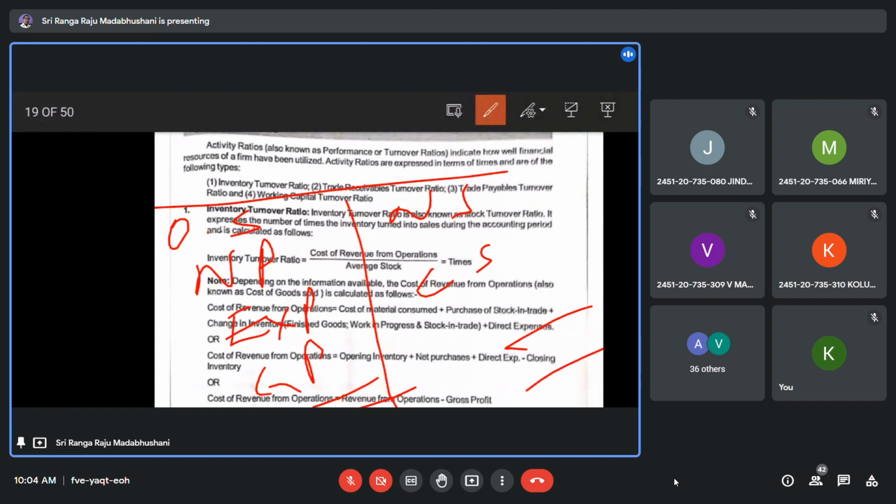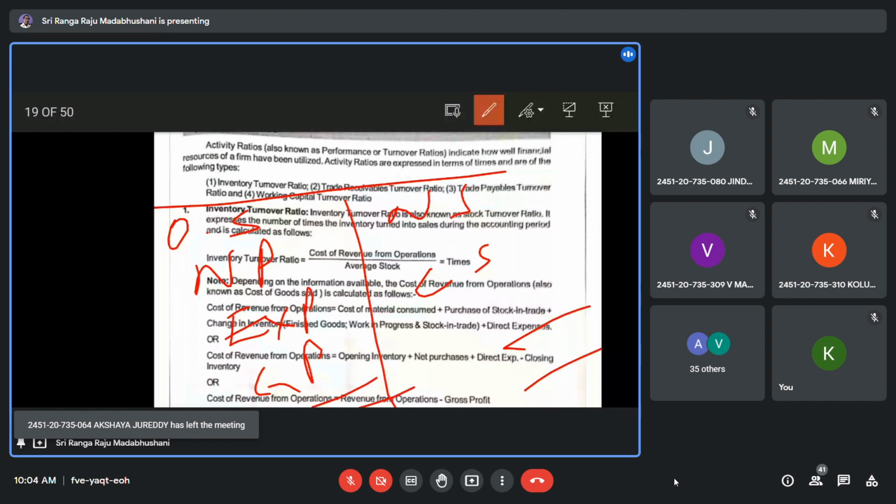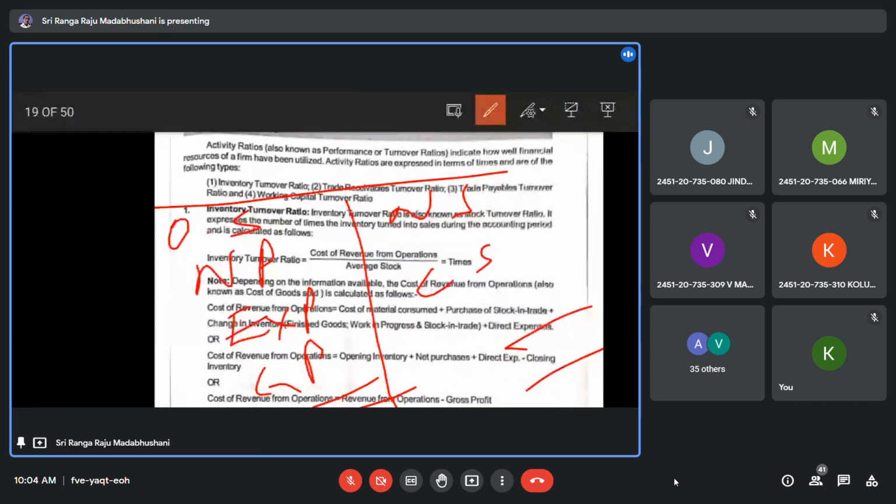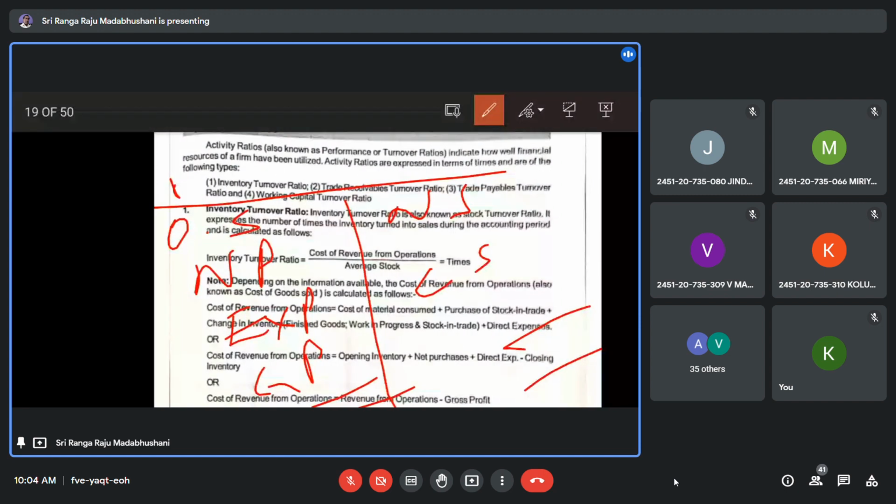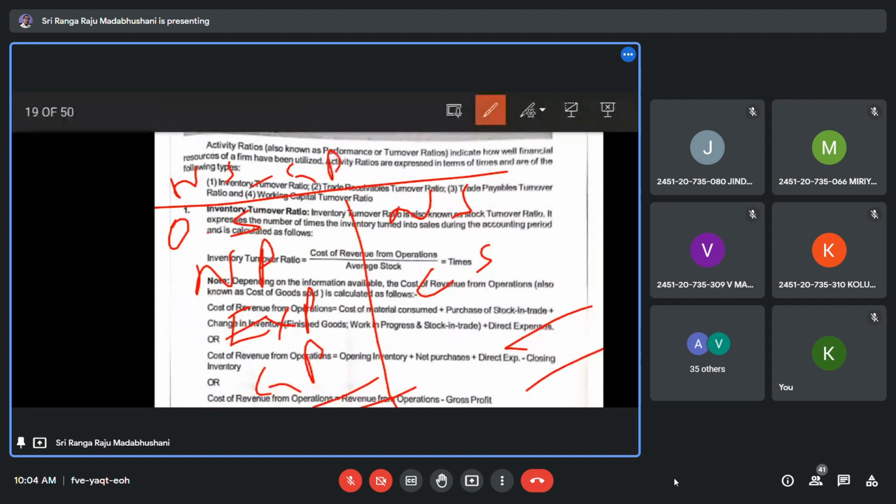Sales means actual expenses incurred plus profit. So from sales, if we subtract gross profit, we get the actual expenses we incurred. So net sales minus gross profit is cost of goods sold, or cost of revenue from operations.